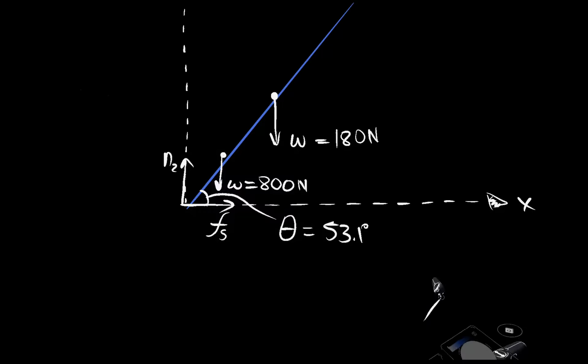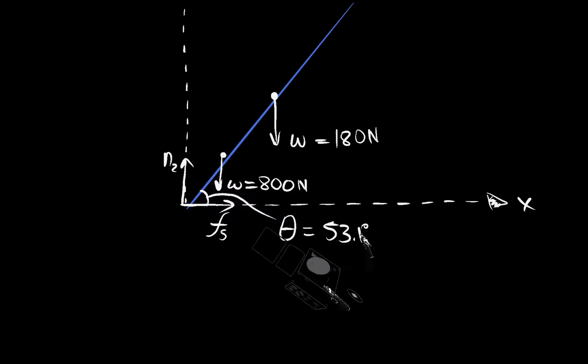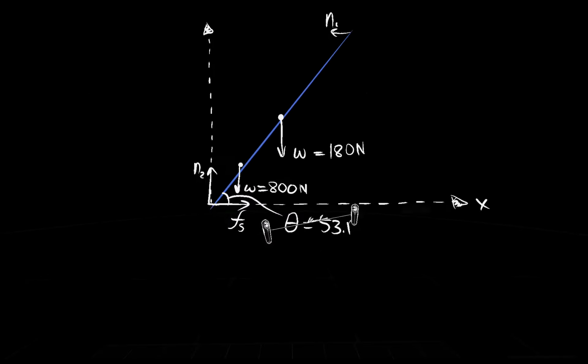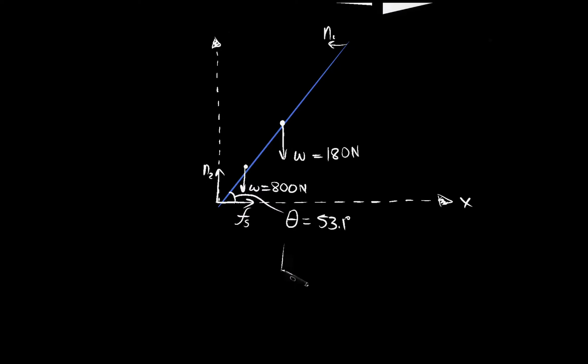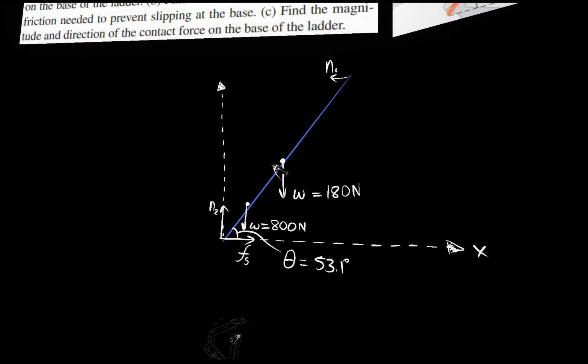All right, and then we can write some dimensions on here, right? So they give you, what do they give you? The length of the ladder or something like that? Yeah, okay, so the length of the ladder is 5 meters. So I'm going to write this here. 5.0 meters is that full length of that blue ladder there.